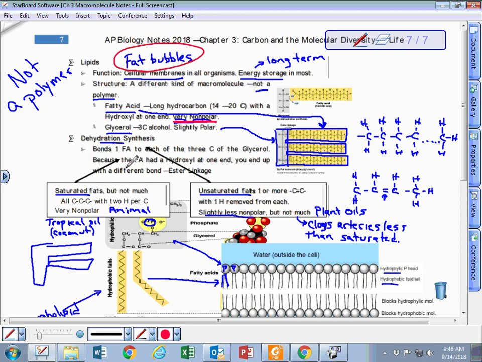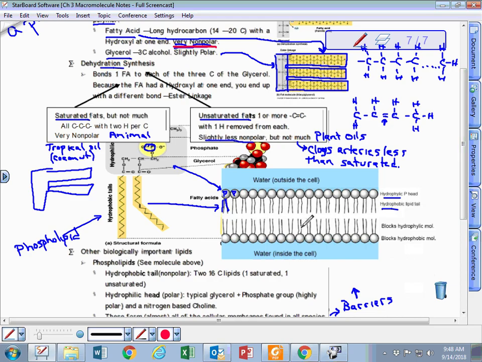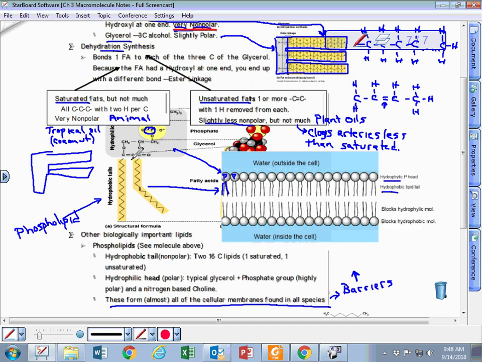And structure-wise, soap bubbles have the exact same shape as membranes, except that these are molecules of soap instead of molecules of lipids that we use. We're not made of soap. These guys that we make membranes out of are a specific type called phospholipids.